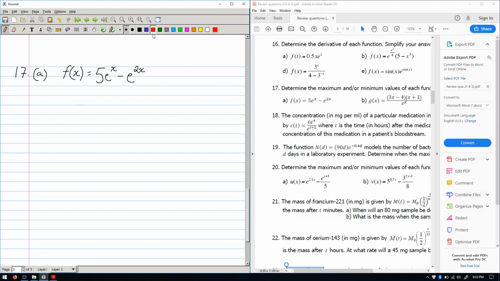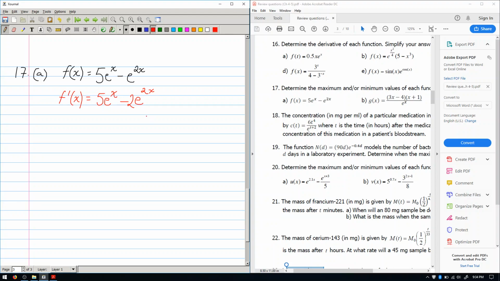Okay, well, the derivative of e to the x is equal to e to the x. And notice how this isn't like a product rule at all. It's a subtraction of two functions, so we don't have to worry about doing a product rule. And the derivative of e to the 2x is e to the 2x ln e, which is 1, times 2, because that's the derivative of the exponent. So I'm just going to put 2 out in front. That's basically the derivative, guys.